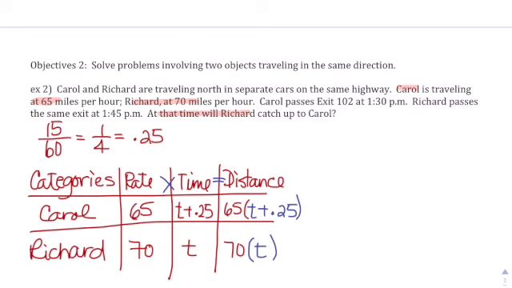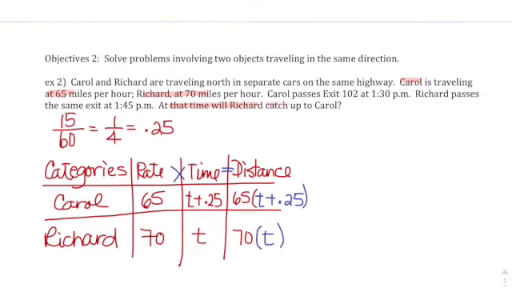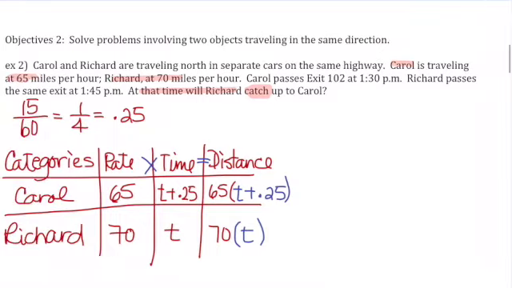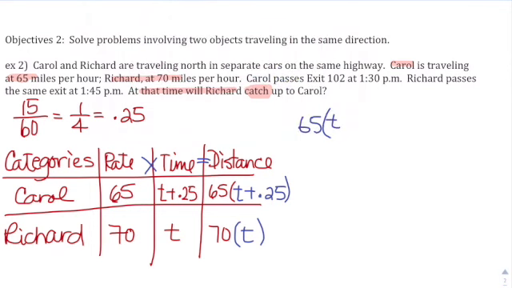Now, also understand, if they say catch up, that means they have to be at the same place. Because of that, you are going to let 65(t plus 0.25) equal 70t, because both distances have to equal each other, so they will catch up. All right.